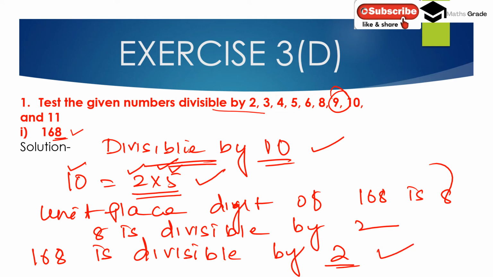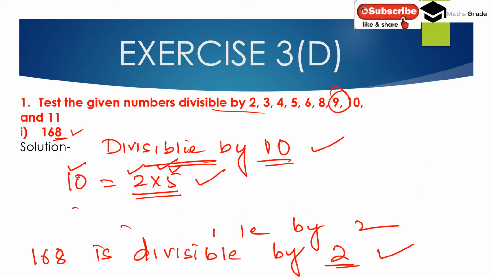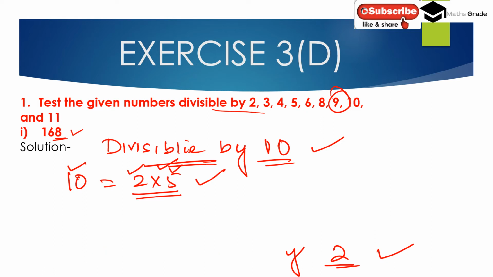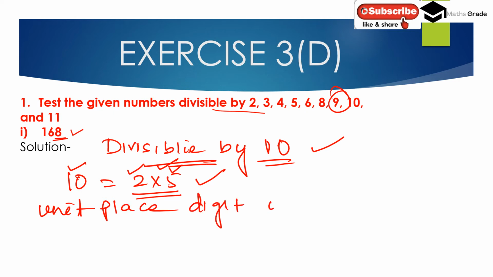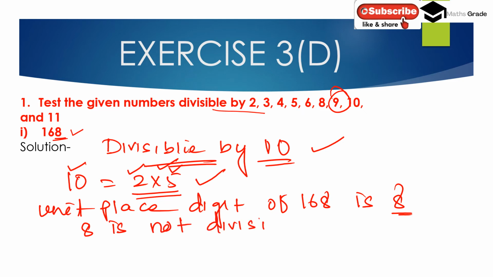Now we'll check whether this number is divisible by 5 or not. We know any number is divisible by 5 if the last digit, that is the unit place digit, is 0 or 5. Here the unit place digit of 168 is 8, which is not divisible by 5.